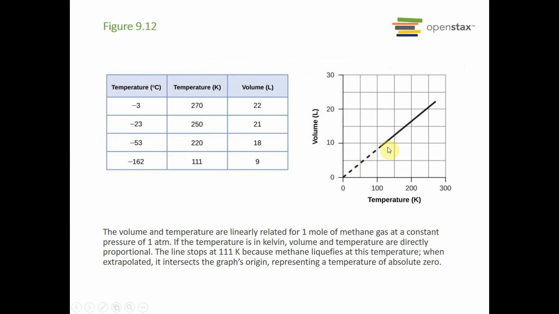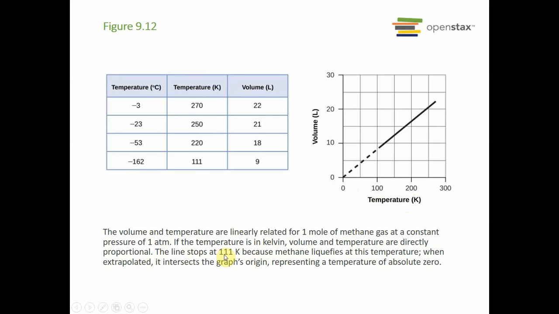So again, it's the same thing. Its volume will go to 0 when the absolute temperature goes to 0 degrees Kelvin. The volume and temperature are linearly related for 1 mole of methane gas at a constant pressure of 1 atmosphere. If the temperature is in Kelvin, volume and temperature are directly proportional.